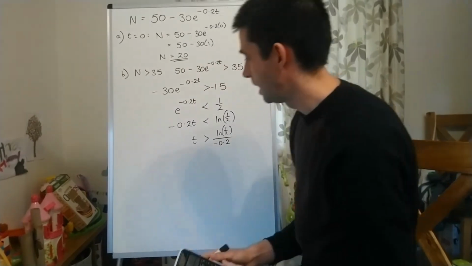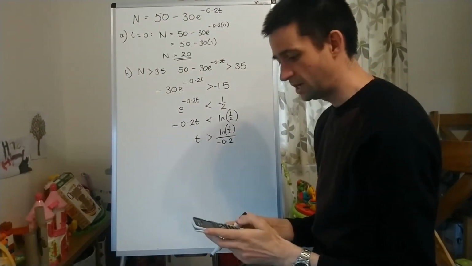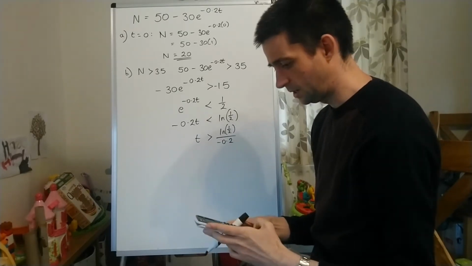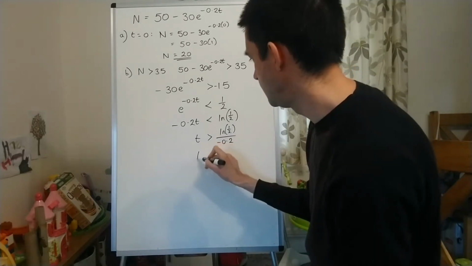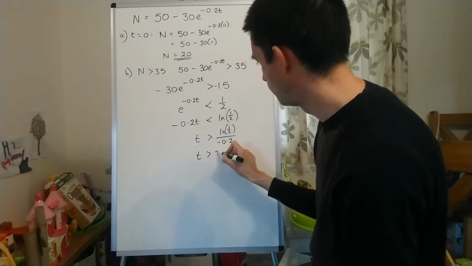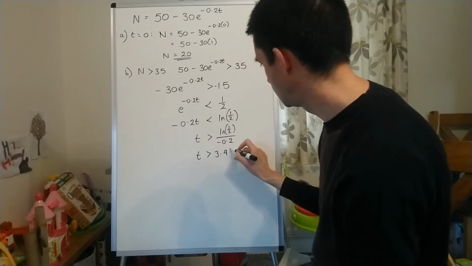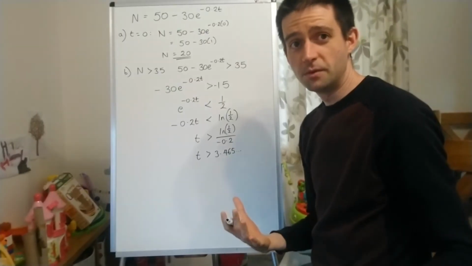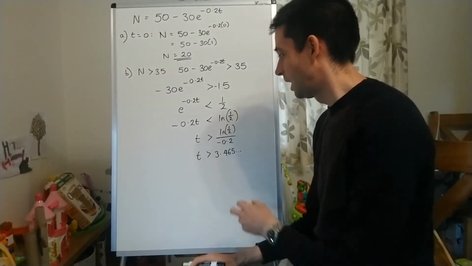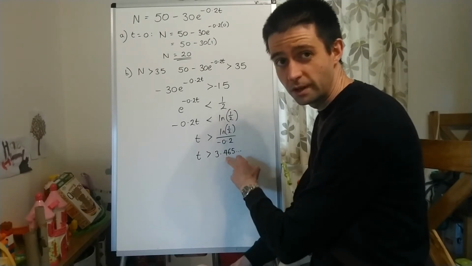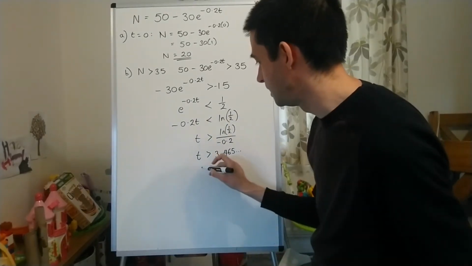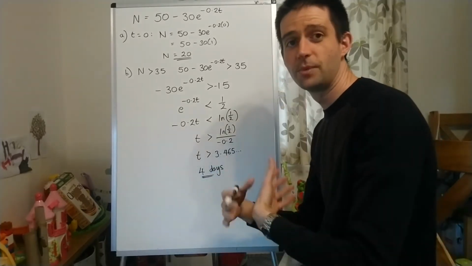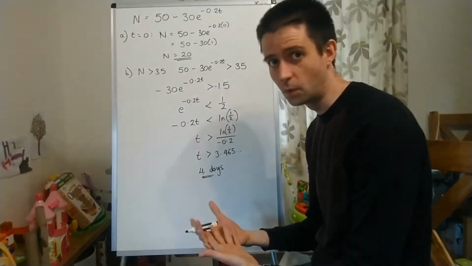So all that's left to do is to say that t is greater than ln of 1/2 divided by negative 0.2, t is greater than 3.465, etc. So the number of days it would take to first exceed, because it's greater than 3.465 and we're asked for the number of days, technically it would be 4 days, so it would be more than 3.465, rounding up to the next integer, more than 4.